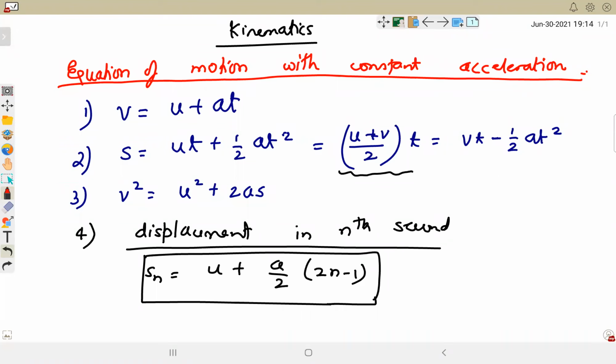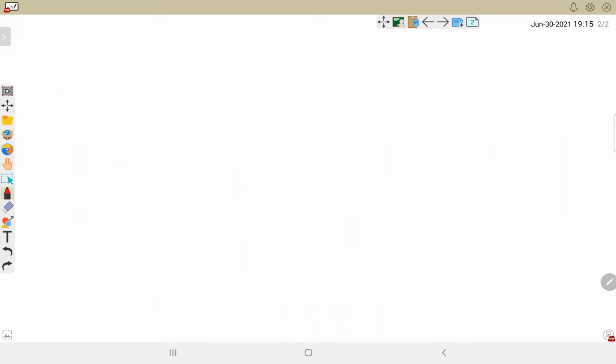Okay, so I am just sharing these two DPPs in the group, and we will solve some questions from here. Right. So if initial velocity and final velocity are known, we can directly write.